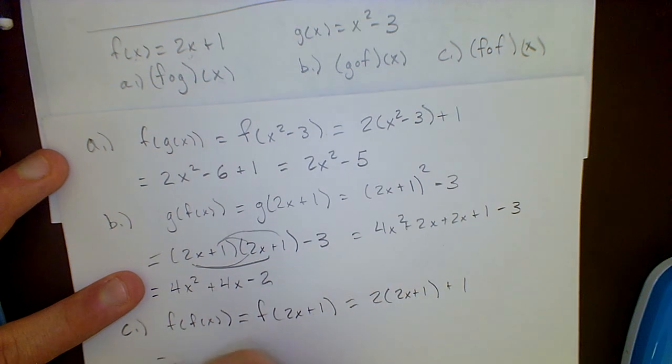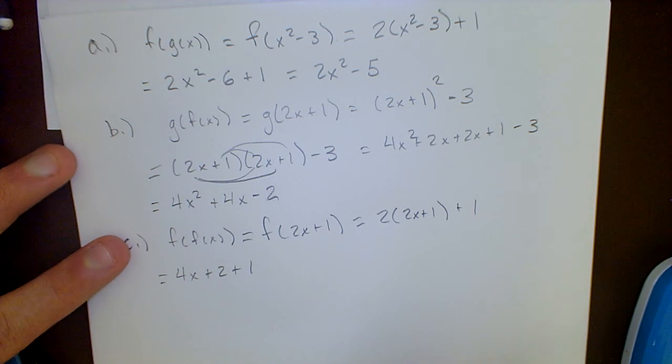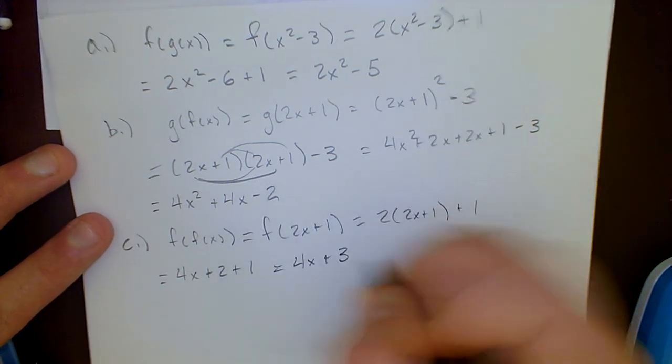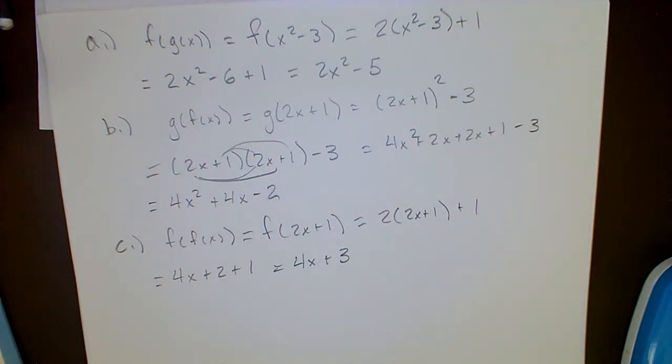So this is equal to 4x plus 2 plus 1. So that's 4x plus 3. Okay. All right, so we've had some practice with that.